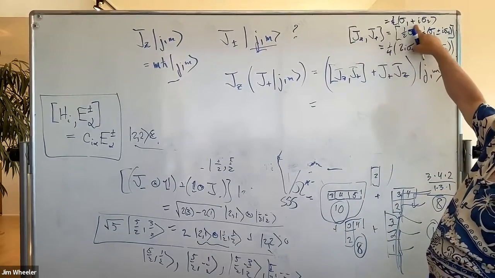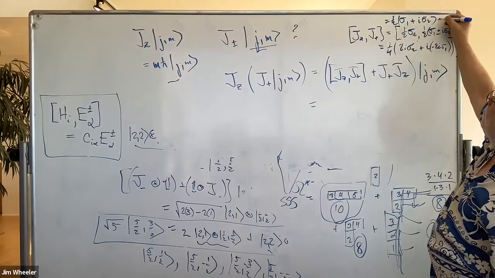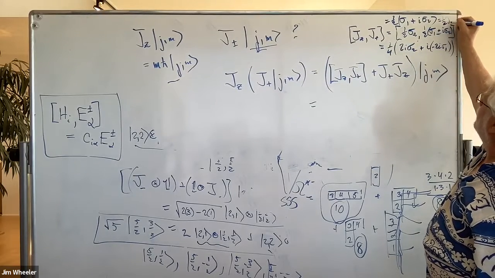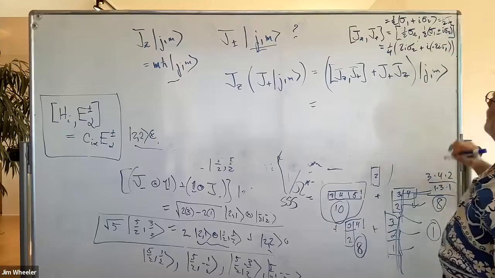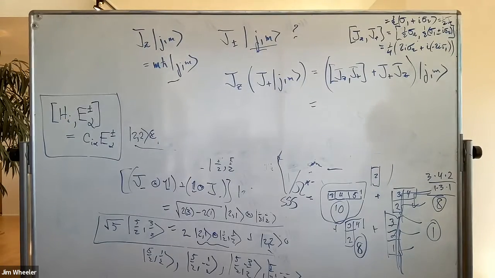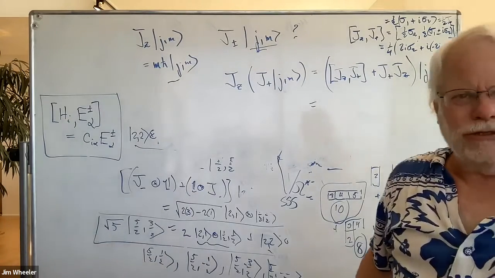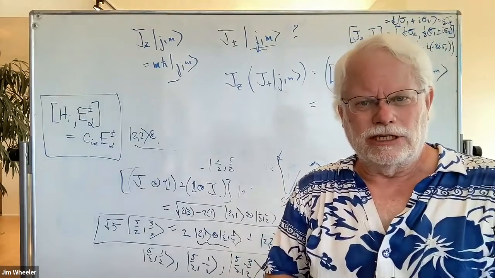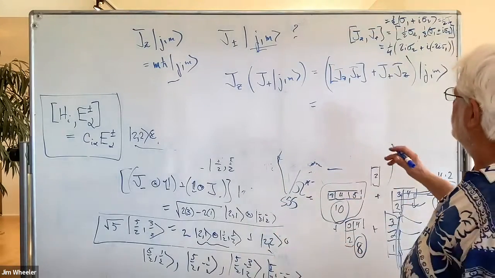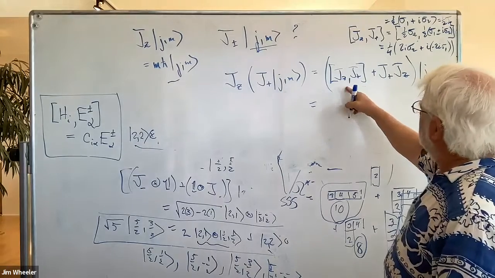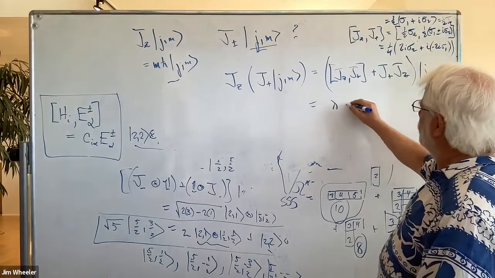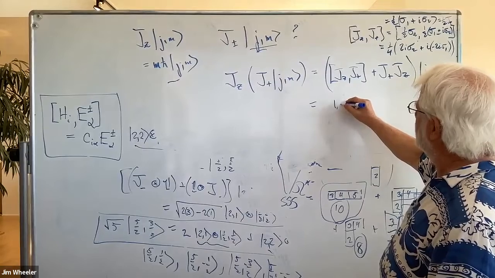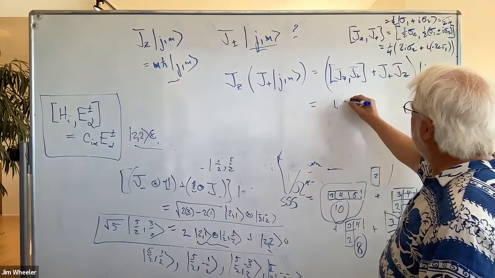JZ with J plus is another J plus. It's some constant. The way I did it, the constant is a half. The constant should probably be 1, so I probably should have used the square root of 2, but you work that all out with the normalization of states. But here's the basic idea. This is some number, let's call it 1, times a J plus again.